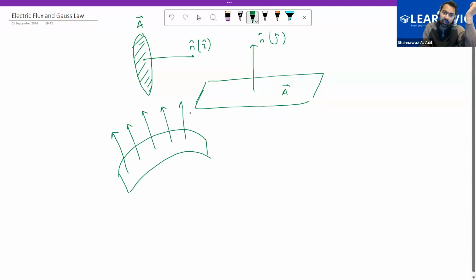So whenever we have a curved surface, this is a curved surface, and this is a plane surface, right?